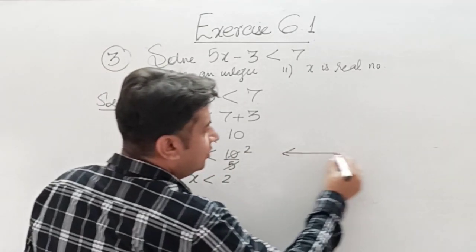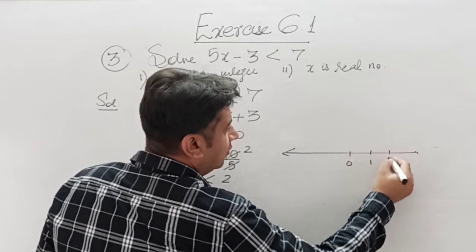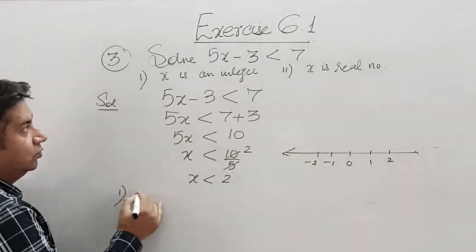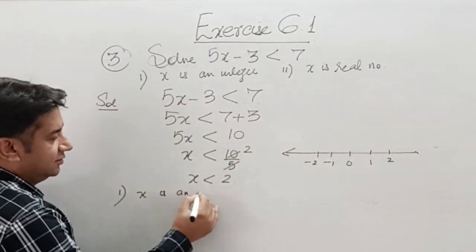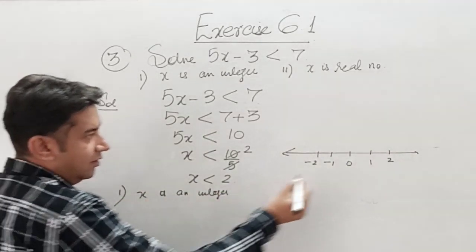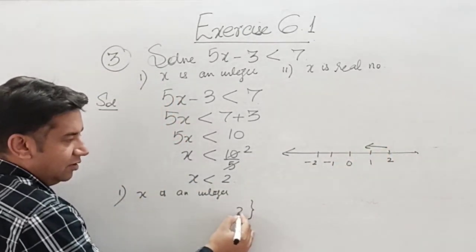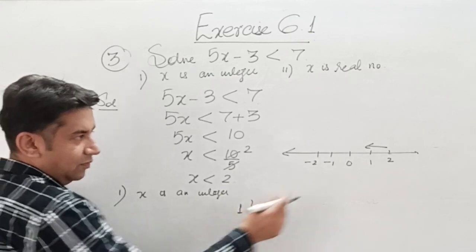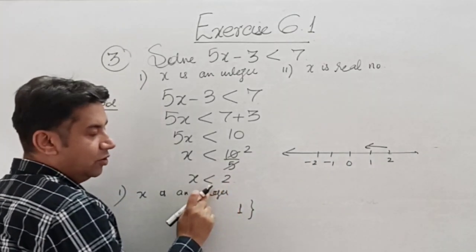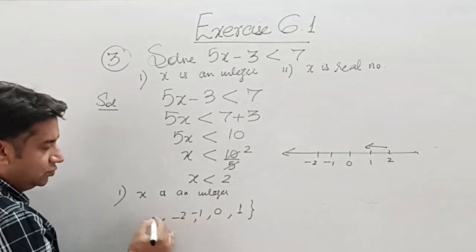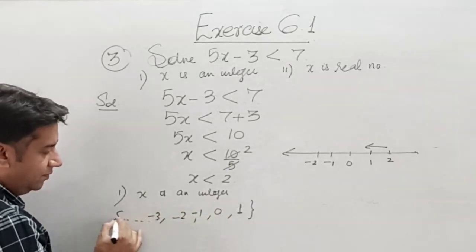Now less than 2, draw a number line, rough. Less than 2, how many integers are there? Less than 2, it will be 1. Less than 2, it is not equal to 2, 1, 0, -1, -2, -3 and so on.